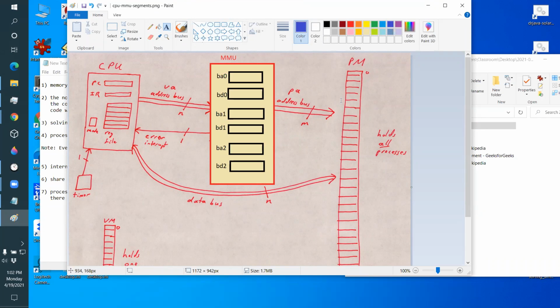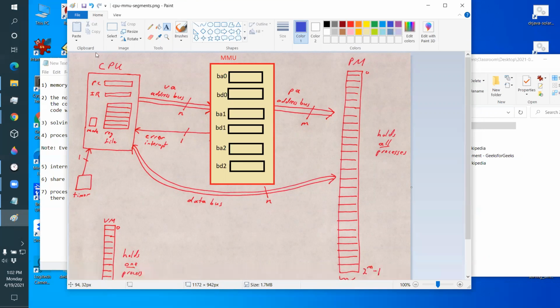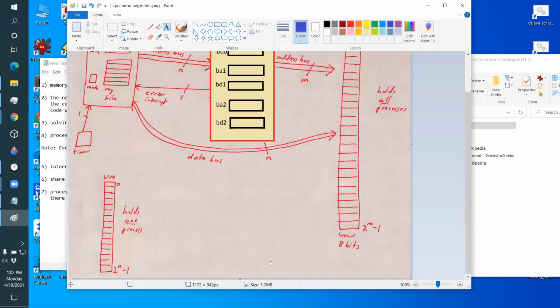Here's my virtual memory space over here. Let me think of the virtual memory space as being cut up into parts. Remember, virtual memory would include the code, then down here there might be the stack, and then there would be, say, the heap.